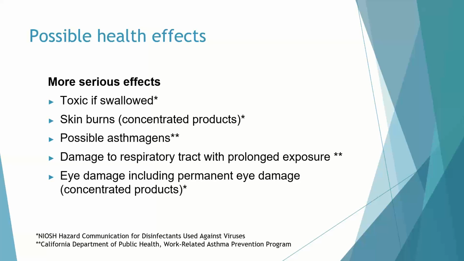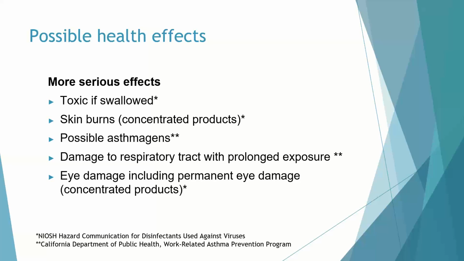And then as far as longer term effects, there has been a lot of correlation and association between occupational use of cleaning products, including things like bleach and quaternary ammonium compounds, and respiratory issues, including asthma.